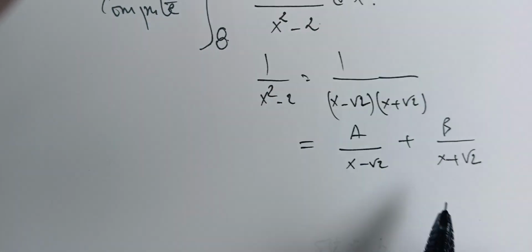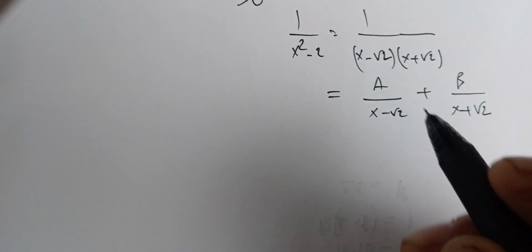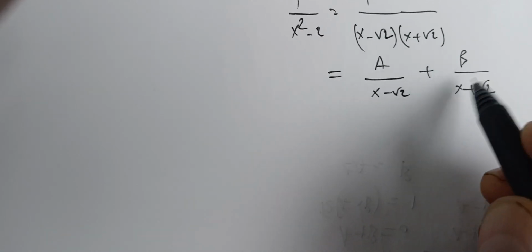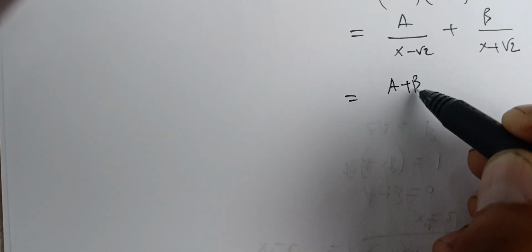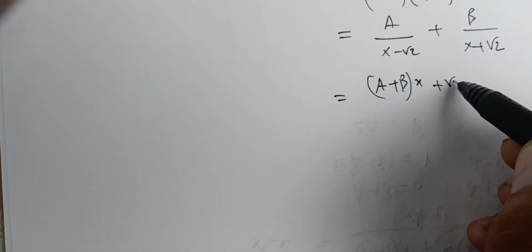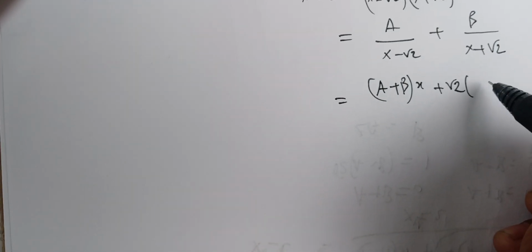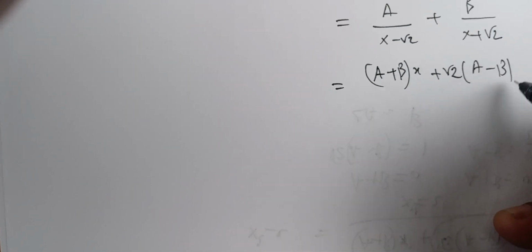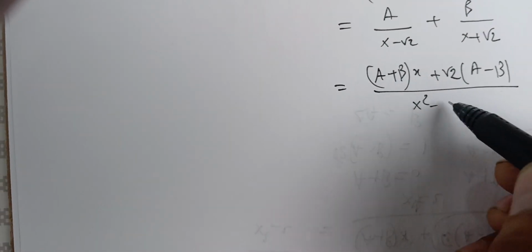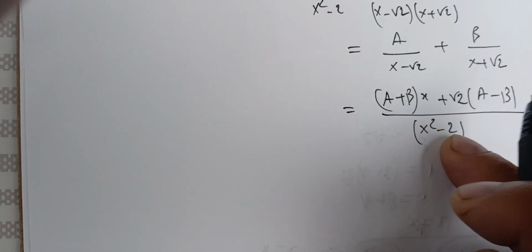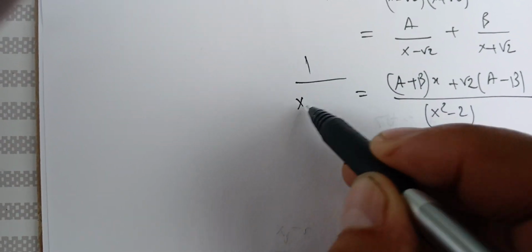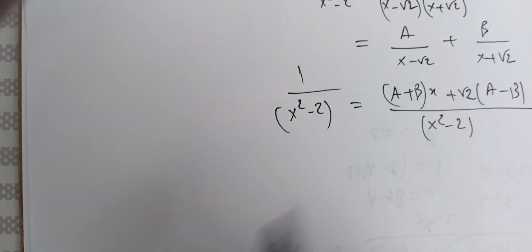We cross multiply, and we're going to do some identifications. If we cross multiply, we get a plus b times x plus square root of 2 times a minus b, over x squared minus 2. We'll see why I had to write x squared minus 2 again. So we have 1 over x squared minus 2 is equal to this one.